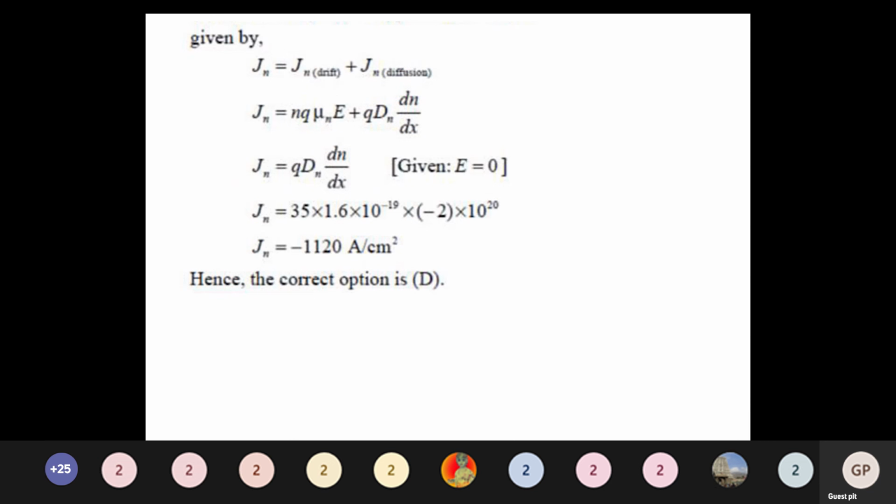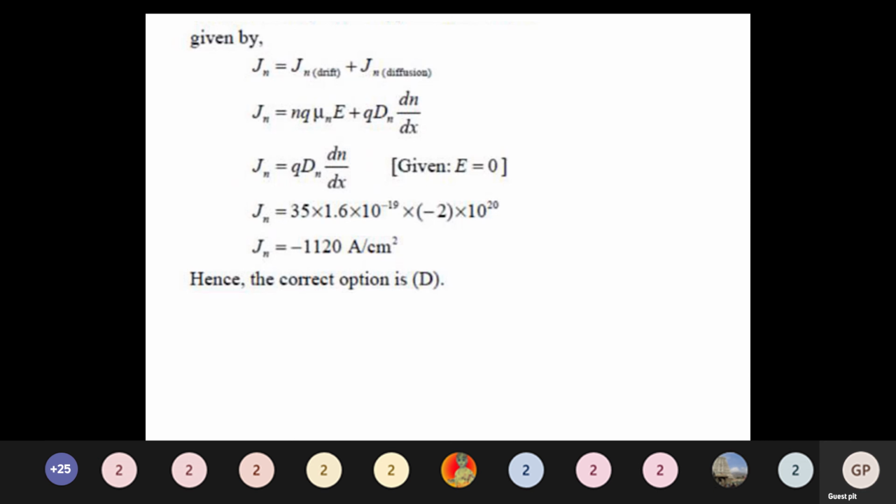Now the total current density is equal to Jn drift current density plus Jn diffusion current density. Both we simply add. Here they said the absence of electric field, so the drift current density is 0. Because E equal to 0 means the first term is 0. The second term alone we have to consider.